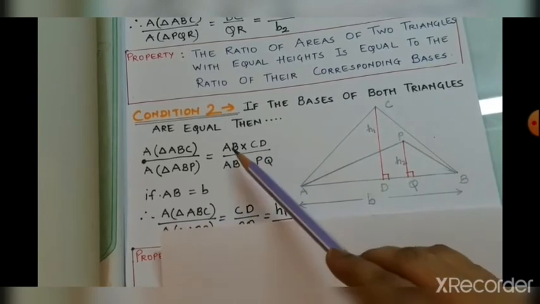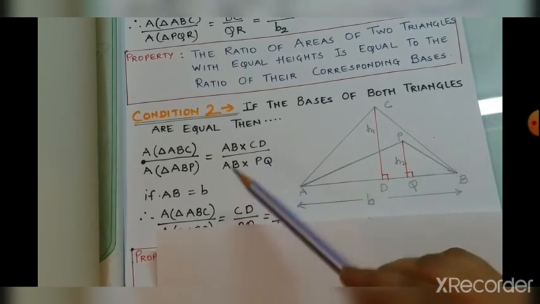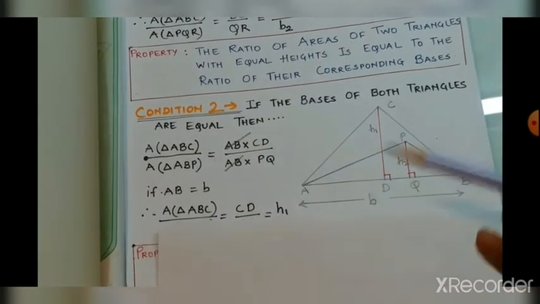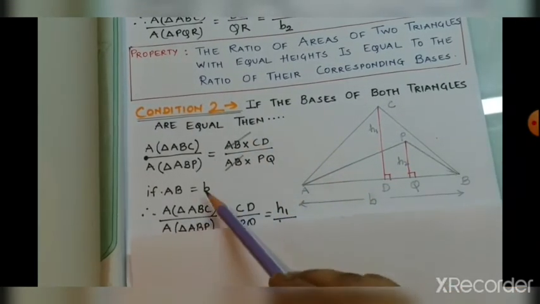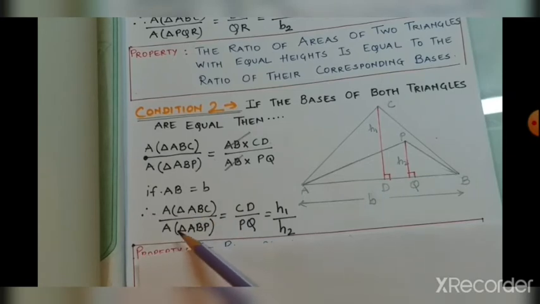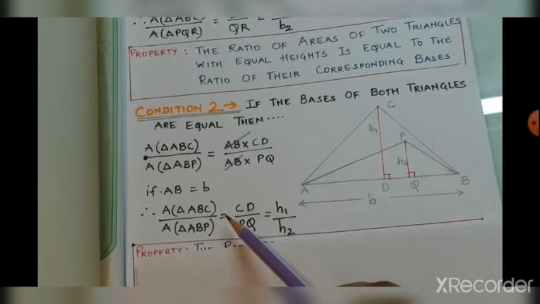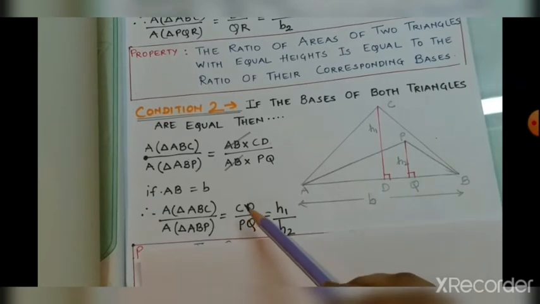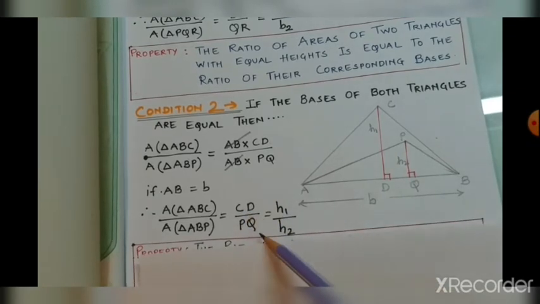But we come to know that they are having the same base. So we can cancel this. They will be having the same length. Therefore we get the ratio of the area of triangle ABC and area of triangle ABP is equal to the ratio of their corresponding heights.